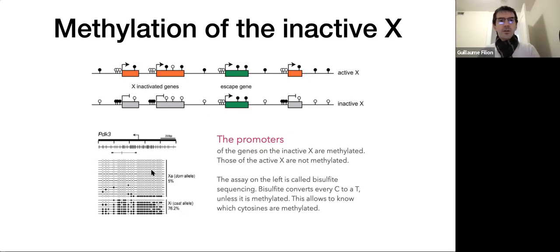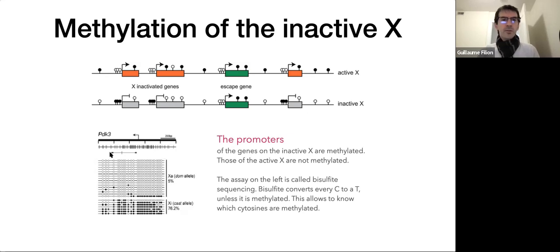So you can typically see results that look like this. There's one gene, PDK3 here, and people are doing a methylation assay on that particular part, and they represent again the open circles for no methylation, and the closed circles, therefore, yes methylation. And so they can distinguish the active chromosome from the inactive chromosome in these kinds of experiments.